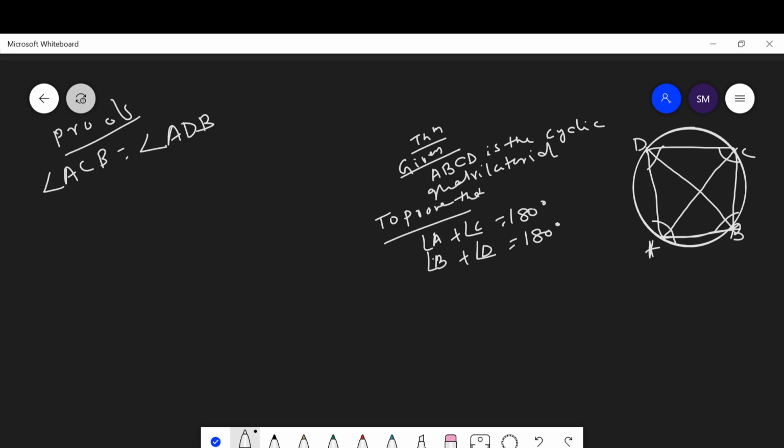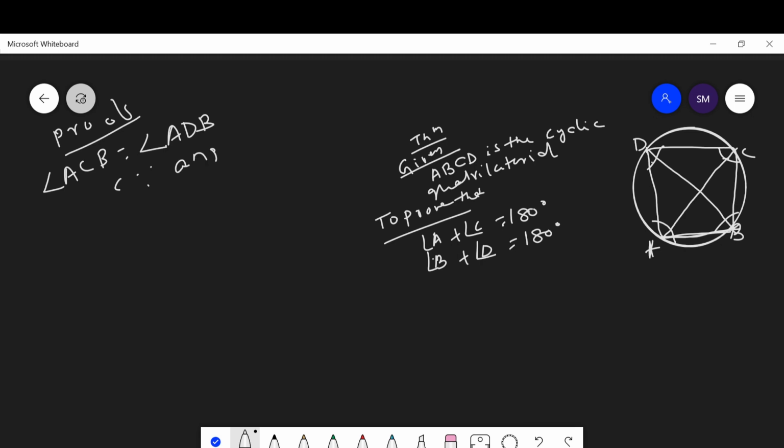AB is the chord, and angle ACB and angle ADB are equal, since the angles of the same segment are of equal measure.